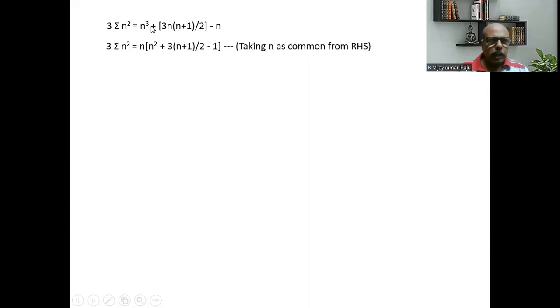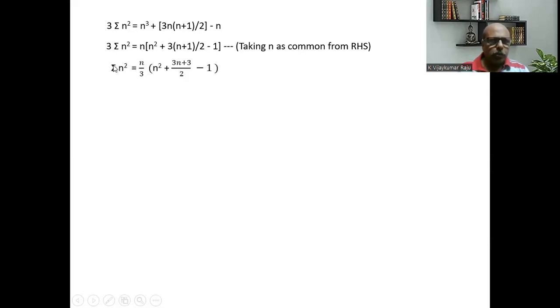So here let us take n common. When you take out n common, n is outside taken out. So n square will remain plus 3, as n is outside, n plus 1 by 2 minus 1.